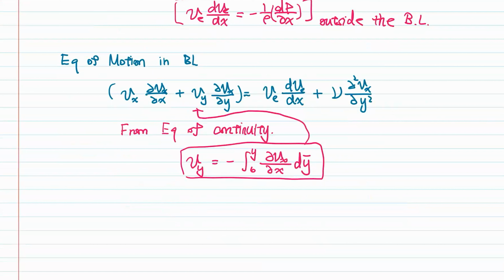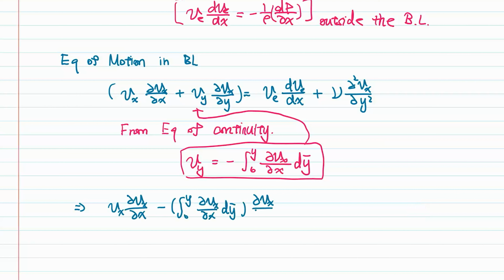So now we have Vx partial Vx partial x minus the integral from 0 to y of partial Vx partial x dy, times partial Vx partial y, equals Ve dVe dx plus the kinematic viscosity times the double derivative of Vx over y.